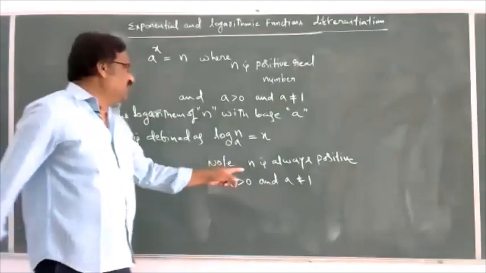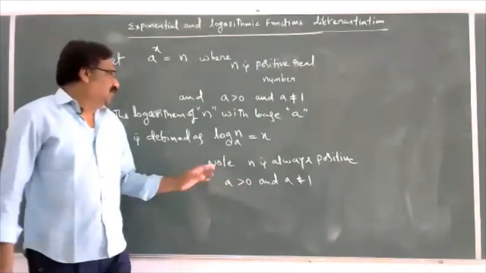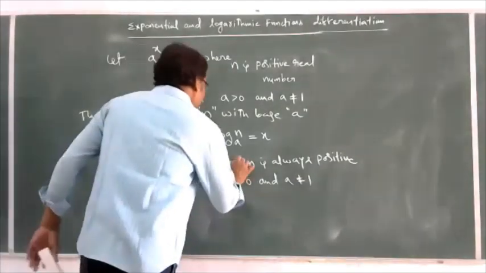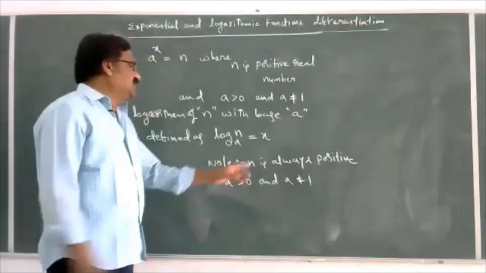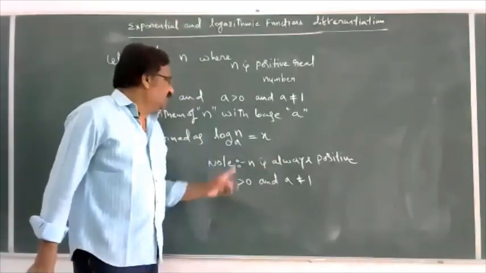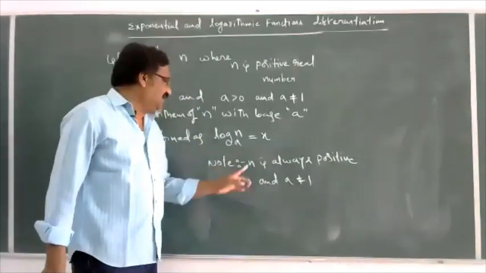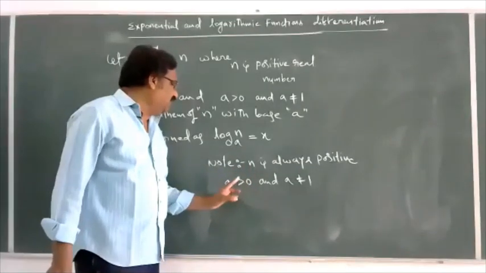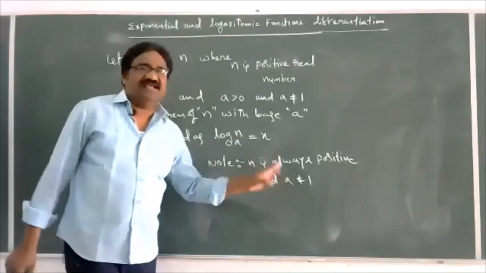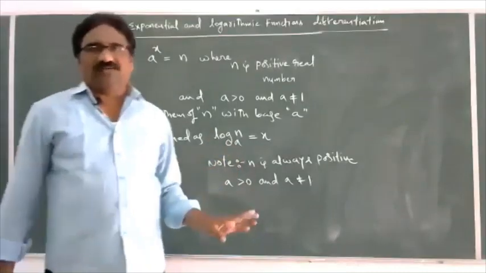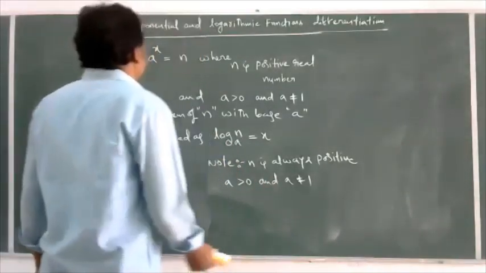These two points are very, very important. n is always positive and the base a must be positive and not equal to 1. This is the logarithmic function definition.